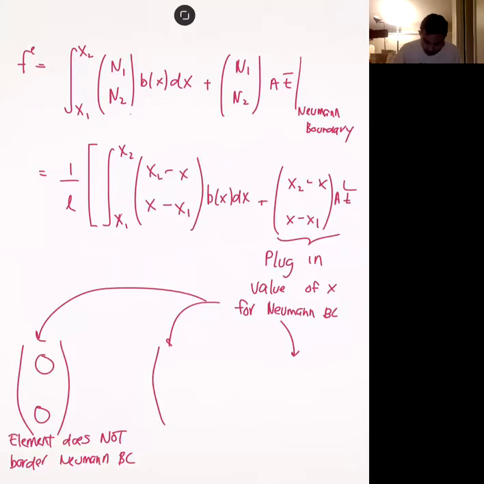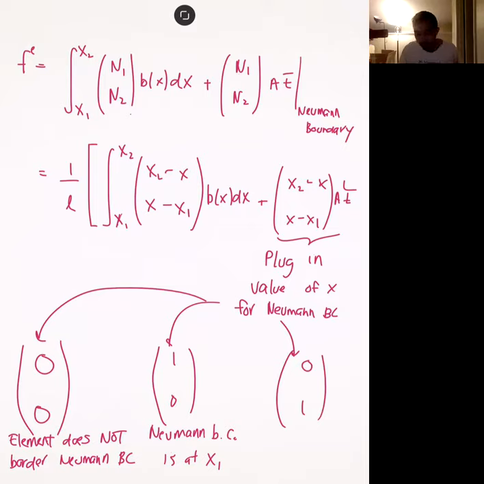Next, we have the case where this is just going to be 1, 0. This is for the case when the Neumann boundary condition is on x1 of our element. And then the last case is 0, 1, and this is when the Neumann boundary condition is at x2 of our element.